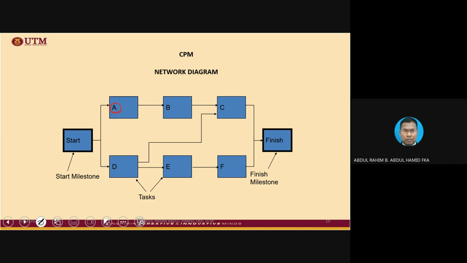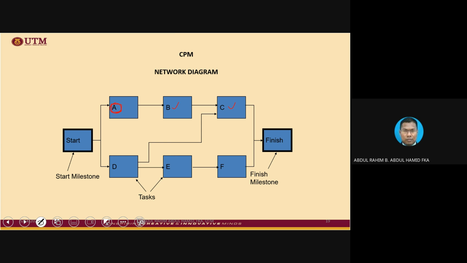The node is now drawn as a box instead of a circle, in order to avoid confusion with the arrow diagram. So this is the activity we put inside the box.